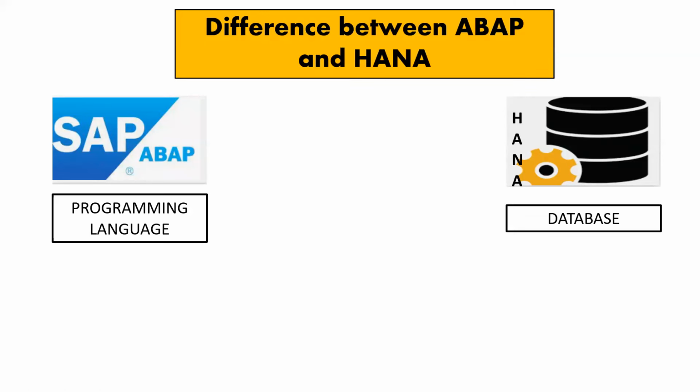With the help of a database, we can store a large amount of data. With the programming language ABAP, you can write the logic at the application server. You can fetch the data from the database, right? So these are two different things.